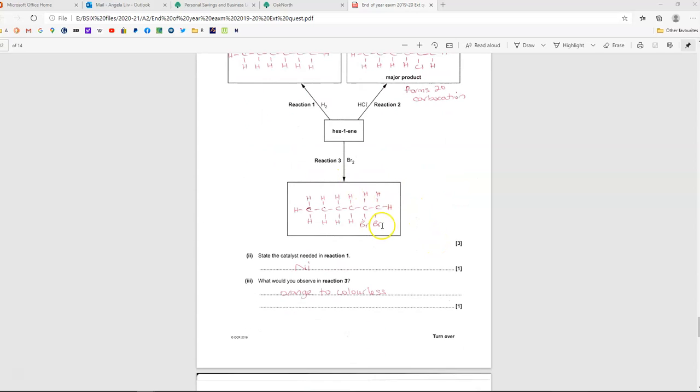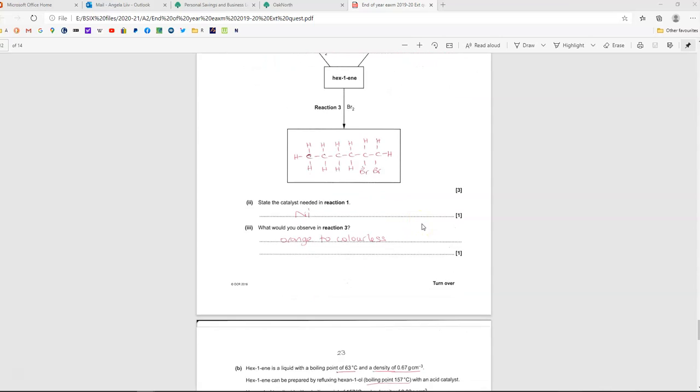And then finally adding in the bromine. Obviously the bromine has to add on the 2 carbons where the double bond would have been. It doesn't matter if you wrote it this way around with the bromine here, but you had to show them on the first 2 carbons.